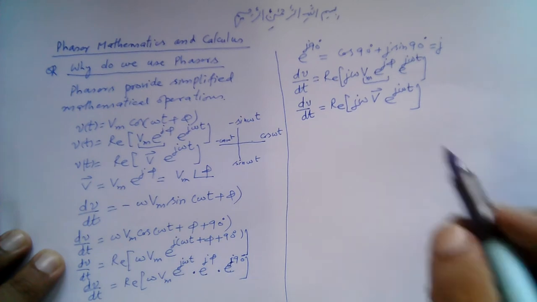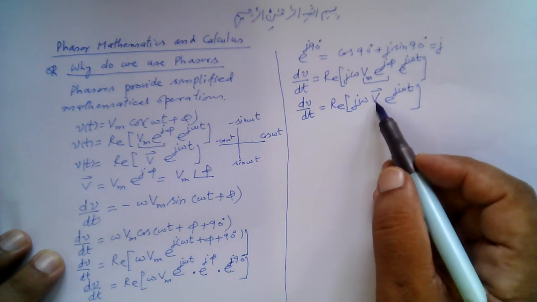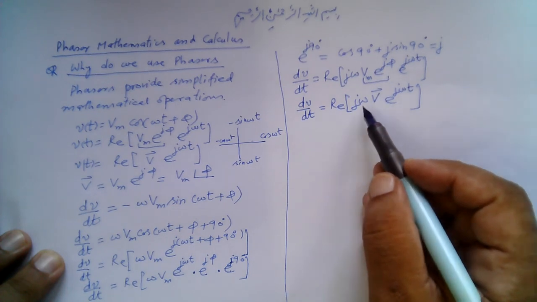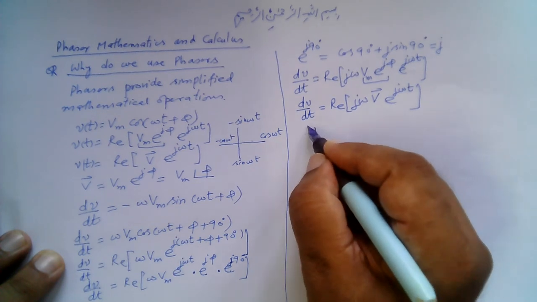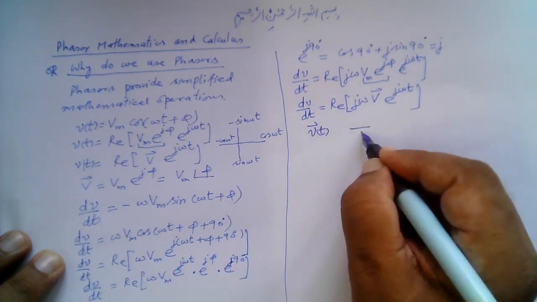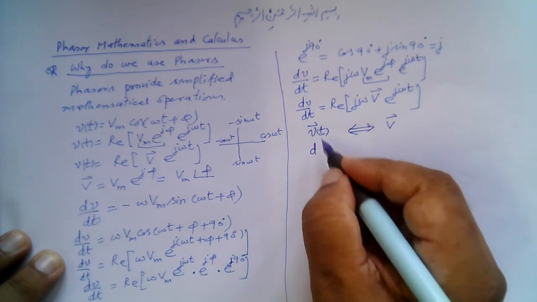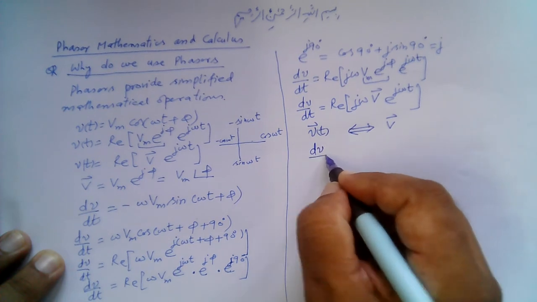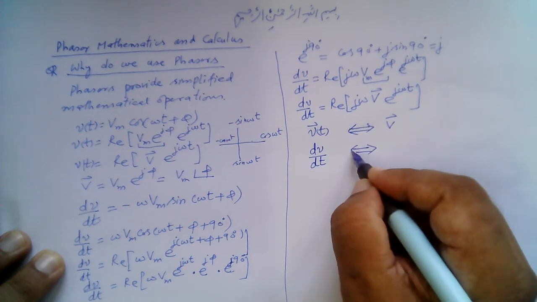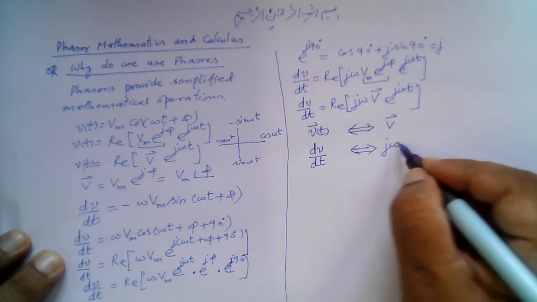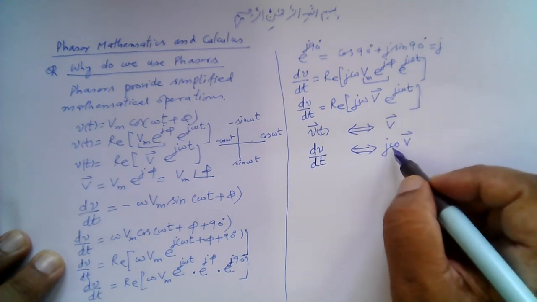As you can see, the result in the phasor domain is simply a multiplication of the original phasor by j omega. If we have a sinusoid v of t with phasor representation V bar, then its derivative dv by dt corresponds in the phasor domain to j omega V bar.